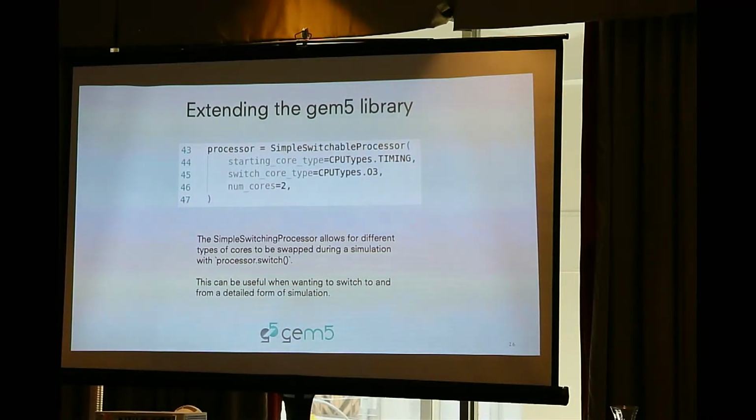Do you want to use a core model that, in short, is precise or not so precise? Where you'd want to switch up your simulation a bit is if you've got a really big workload to simulate, but you only really care about getting good quality stats for a very, very small region of interest inside that simulation.